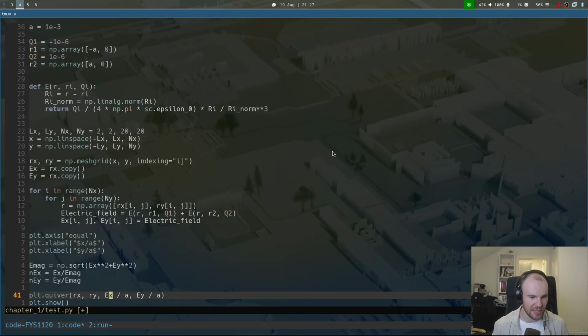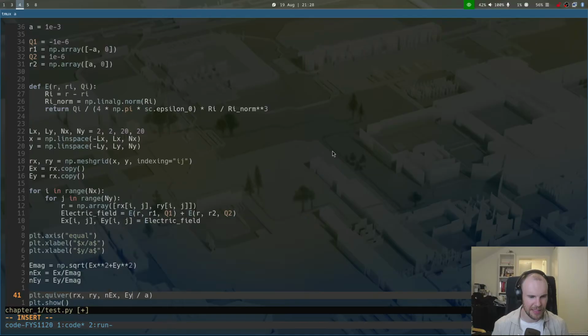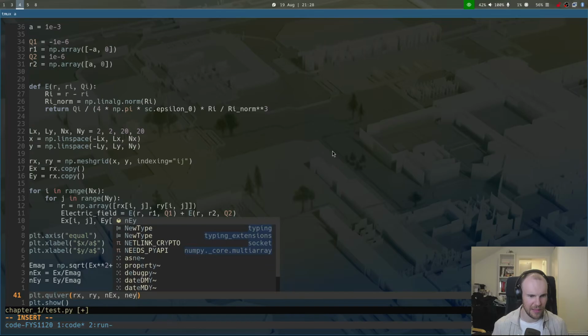Now, instead of the vectors here, I don't want to have that. Now I want nEx and then nEy.